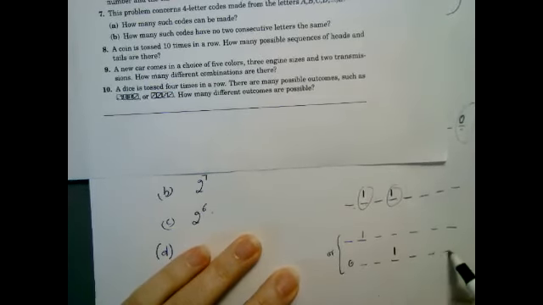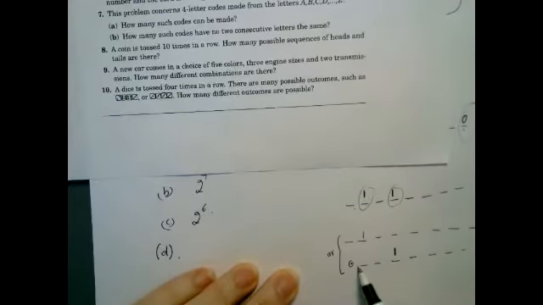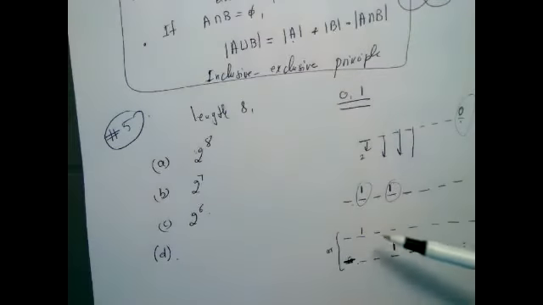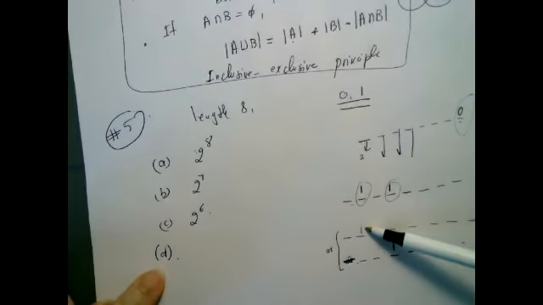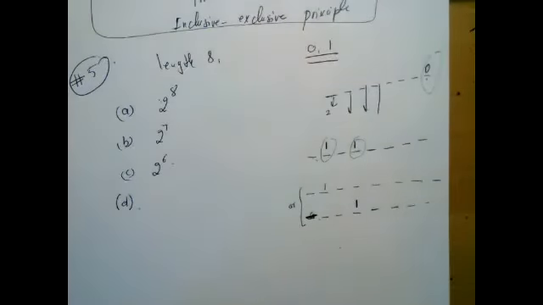So this is the string they are looking at: 1, 2, 3, 4, 5, 6, 7, 8. How can I deal with that problem? How many have a one here or a one here? Any ideas?